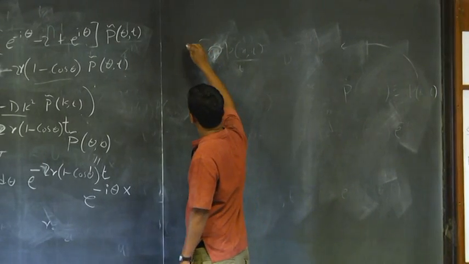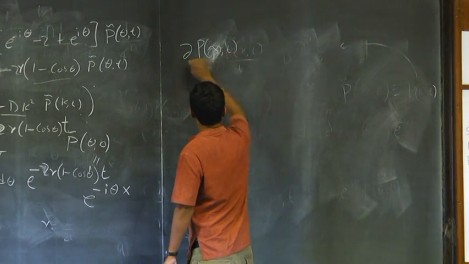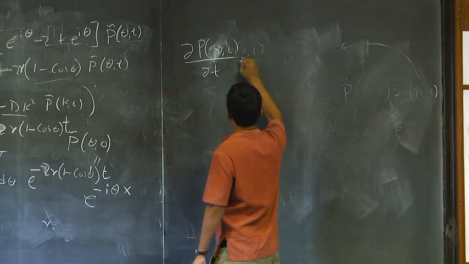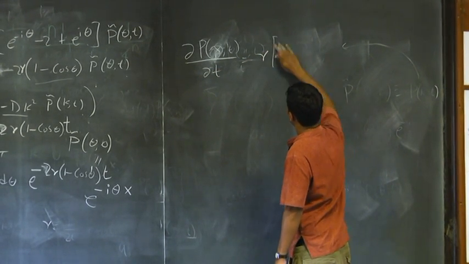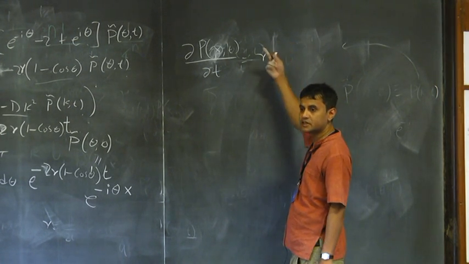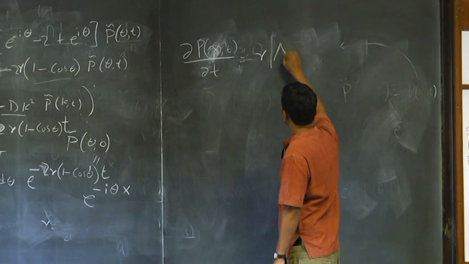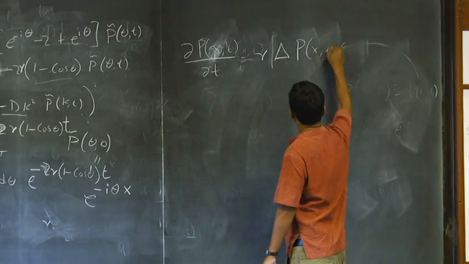So here I wrote this equation, del p del t equals r, and then I have something which I will just call a discrete Laplacian operator. I will just define it as delta of p x, t.